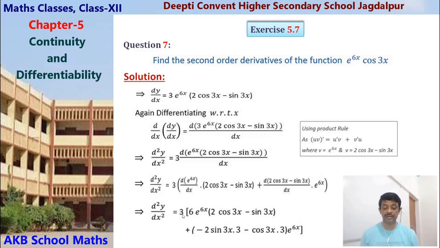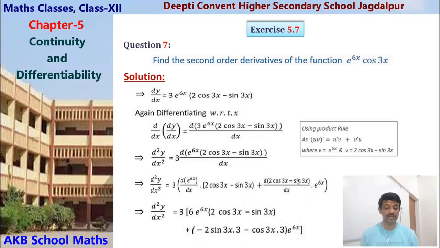Now differentiation of e to the power 6x is 6 e to the power 6x, and second function as it is, plus d by dx of 2 cos 3x, that is minus 2 sin 3x into 3, and minus of minus sin is here.